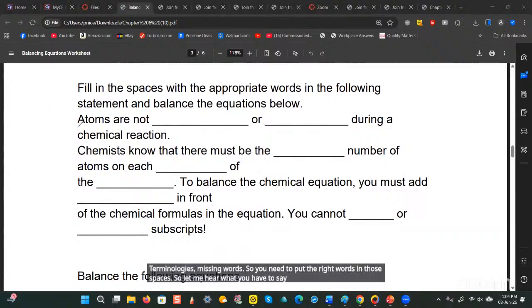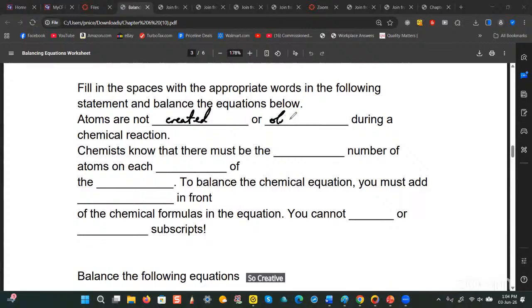It says atoms are not created or destroyed during a chemical reaction. Chemists know that there must be the same number of atoms on each side of the equation.